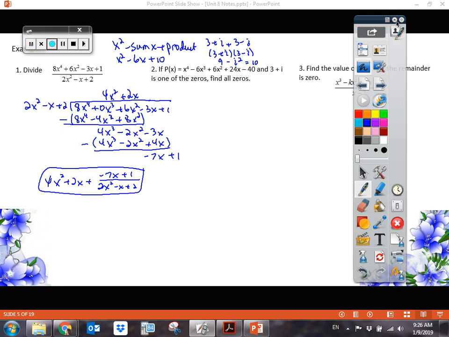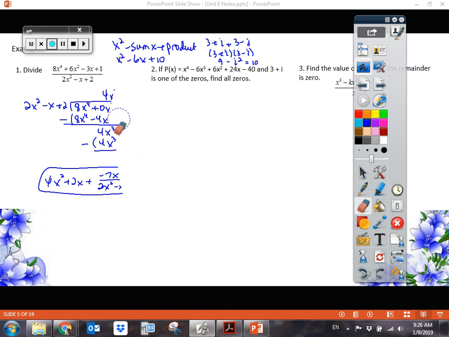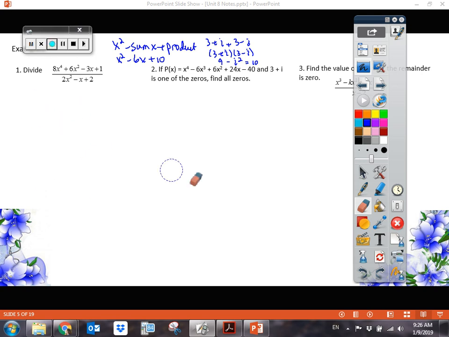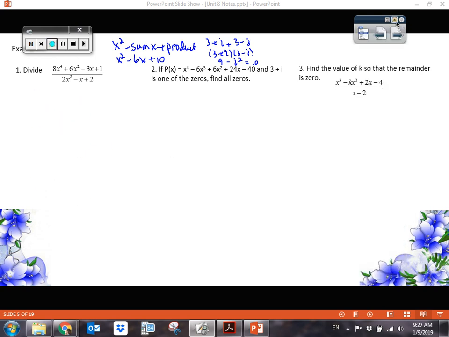Let me get a little bit more room right here so we can do that. Let's just move some of this out of the way. All right. So we're going to take x squared minus 6x plus 10, and we're going to divide that out of x to the fourth minus 6x cubed plus 6x squared plus 24x minus 40.